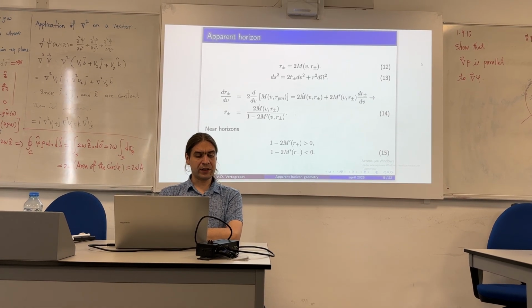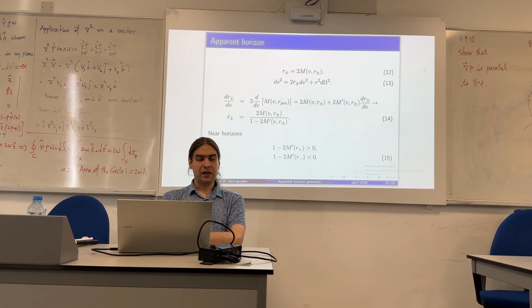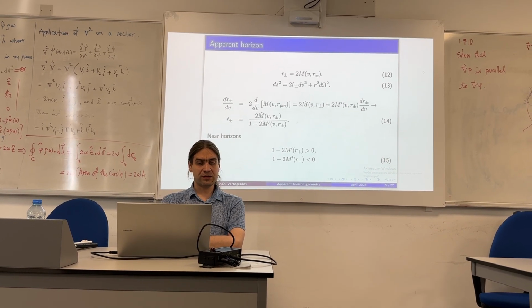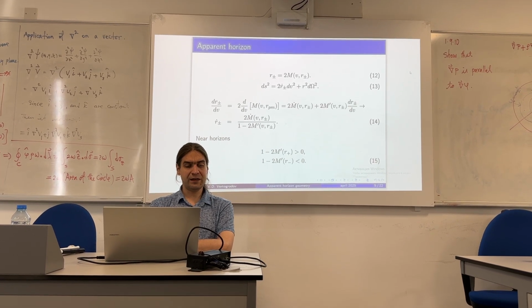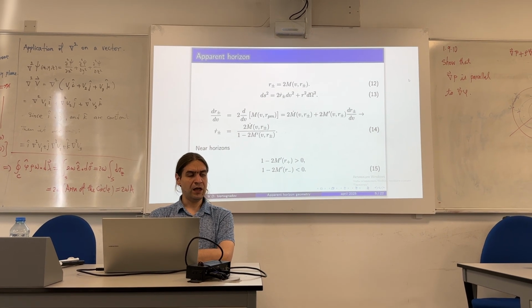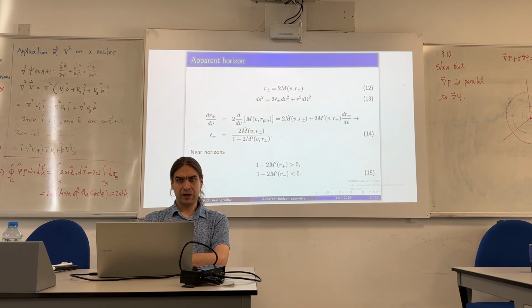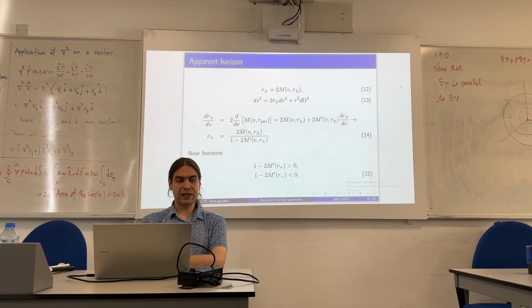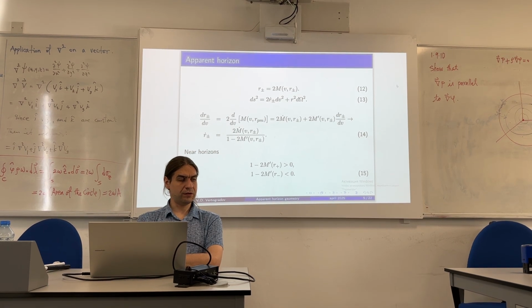What can we say regarding the denominator of this expression? The denominator depends on the horizon where we evaluate this difference, 1 minus 2m prime. 2m prime must always be positive, because of course we want energy density to be positive or non-negative.